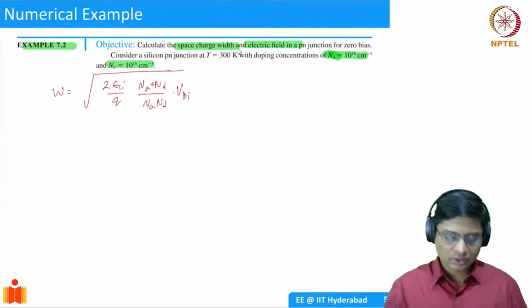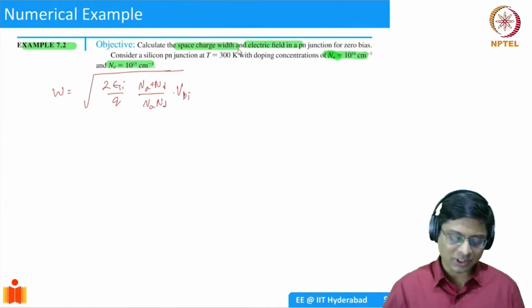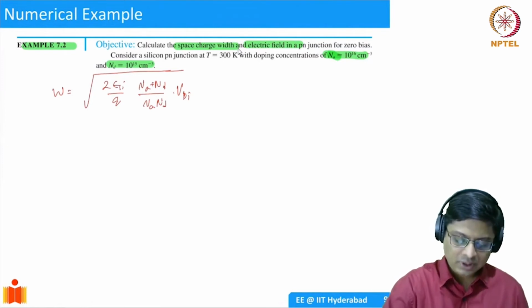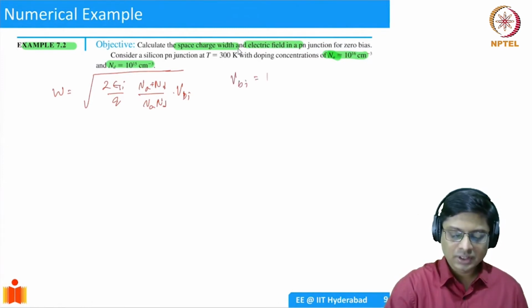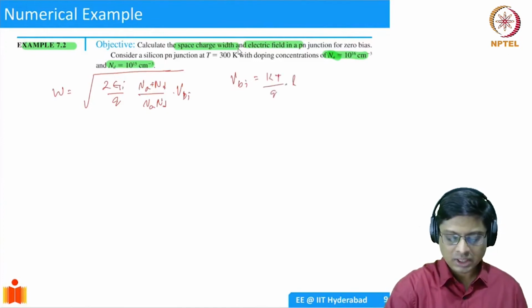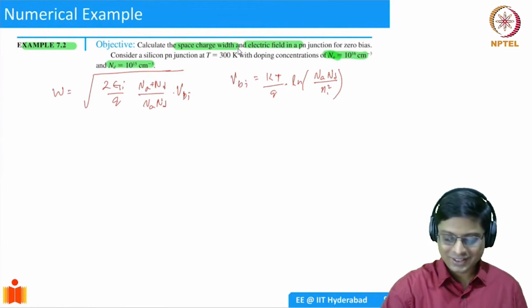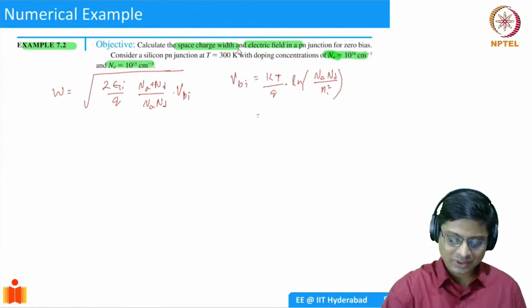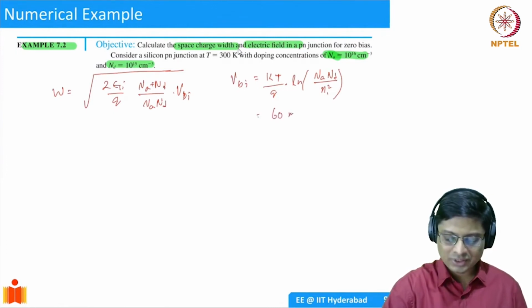Okay. So if you want to calculate the width of the depletion region, we need VBI. What is VBI? VBI is going to be kT by q ln of Na Nd by ni squared. Well, this is the number we calculated already. This was 60 millivolts into 31 into 11.